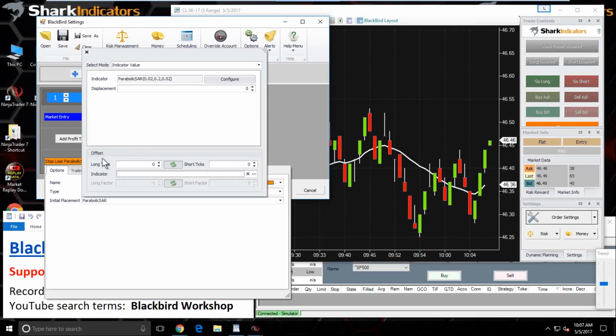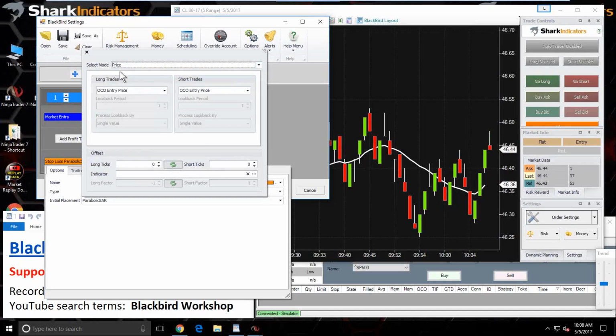As you can see, this says an offset. So this offset would be based off of wherever your entry order is at. With a market order, wherever that market order gets filled, the offset is actually based off of whatever price is set up here in the upper area.